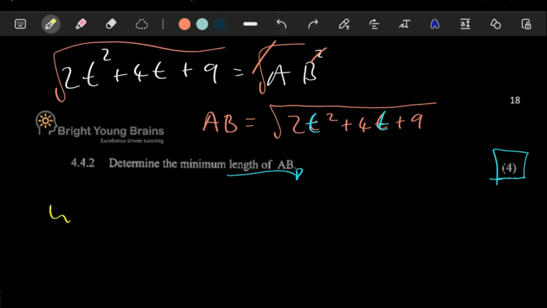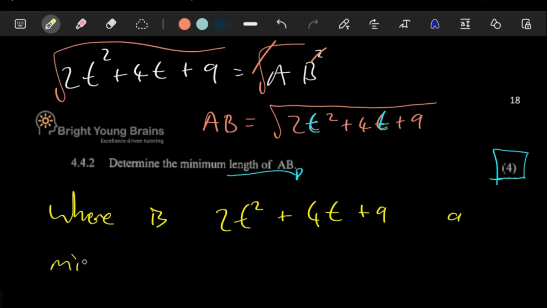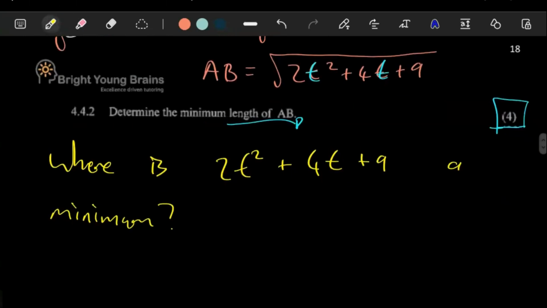Where is 2t squared plus 4t plus 9 a minimum? That's your question. In a situation like that, this is just a quadratic equation. So you can just differentiate and equate it to 0.